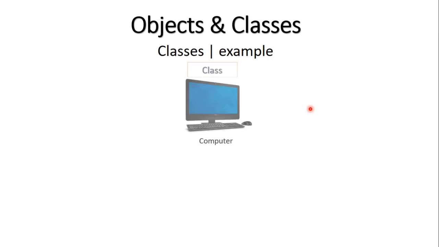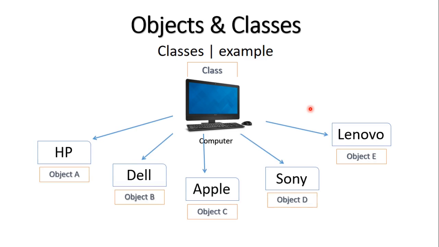Let's see one example. For example, computer is a class, right? There are different types of computer, different manufacturers of computer. So computer is a class. Now you see here that there are different companies, right? HP, Dell, Apple, Sony, Lenovo. All these are different objects.